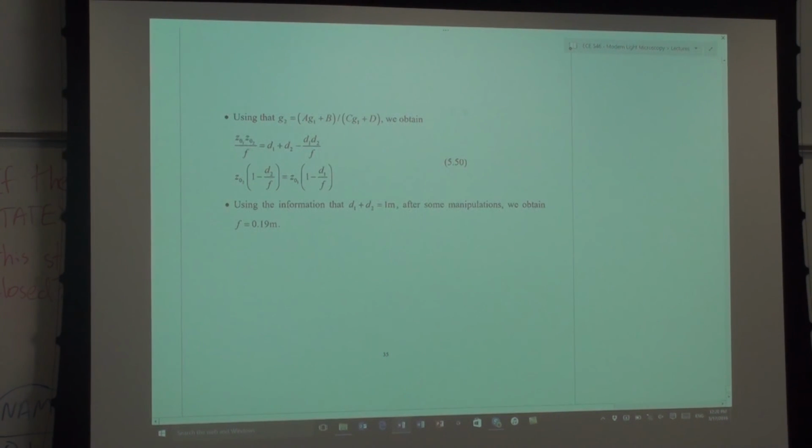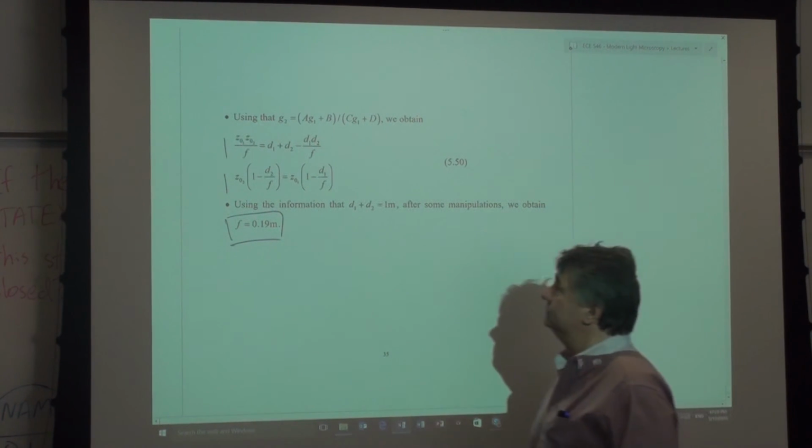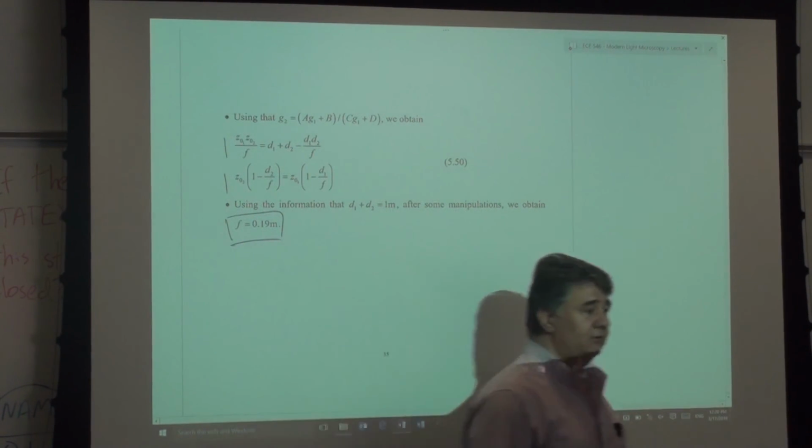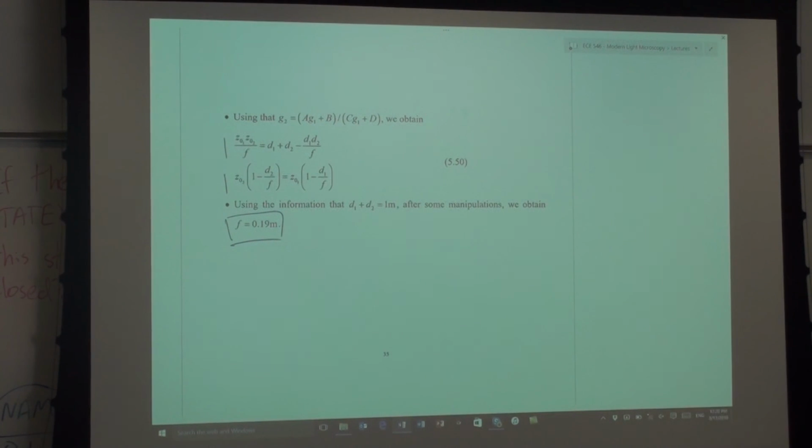Okay, so after you do all this, you plug it in, blah, blah, blah, you get the focal distance that gives you this. So I'll let you have fun with that. And it will also give you the D1 and D2, clearly.